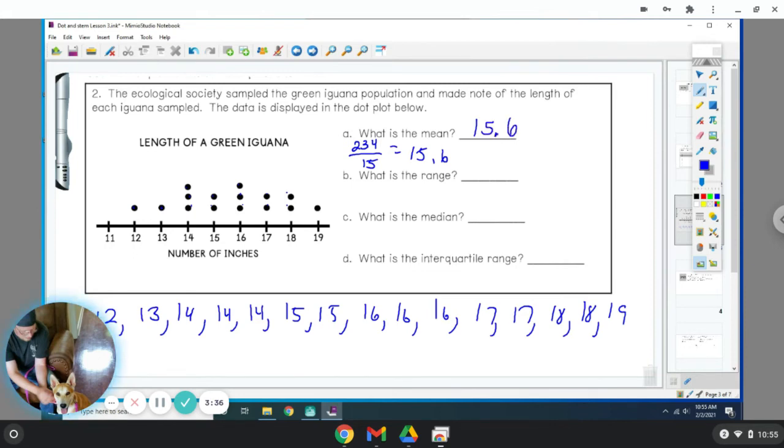So now we're going to do the range. The range is the largest minus the smallest, so that'd be 19 minus 12, which is 7. The median would be the number that's in the middle. So we're going to cross off one from each side until we get to the middle.